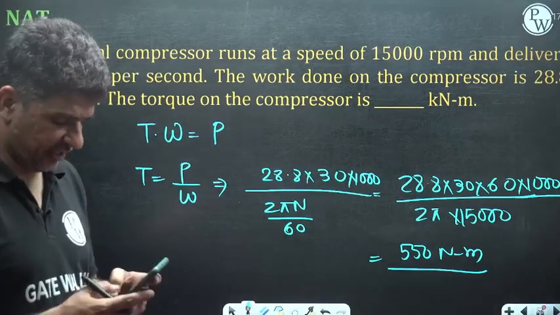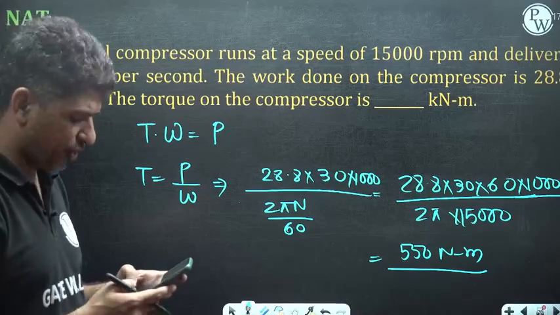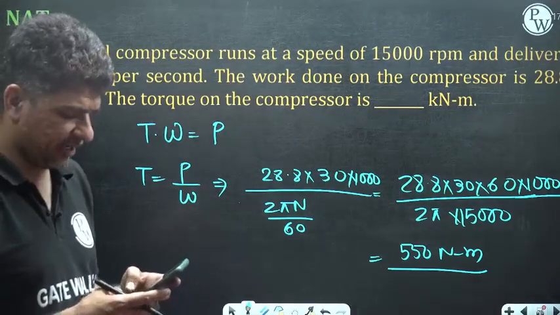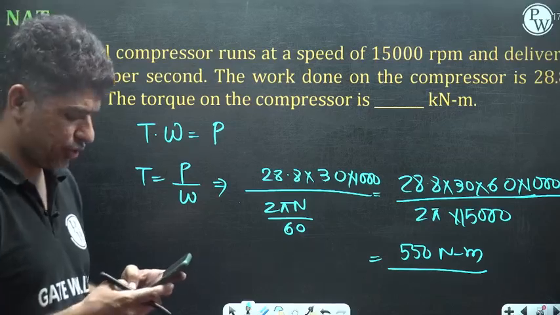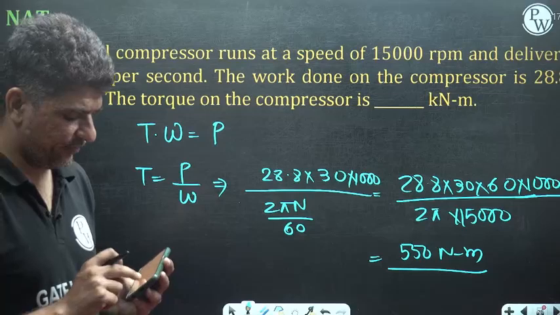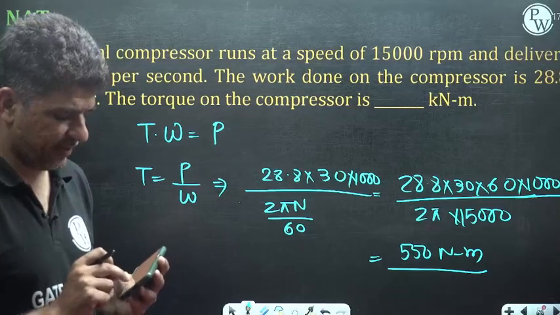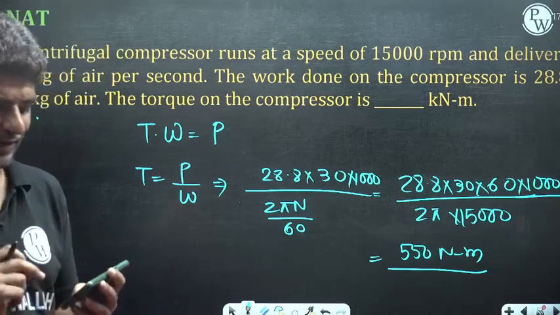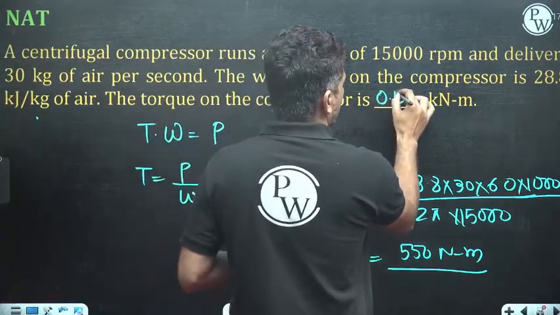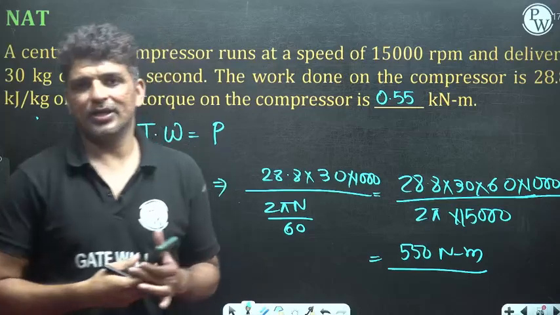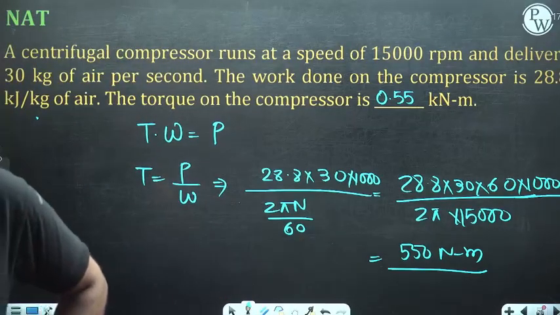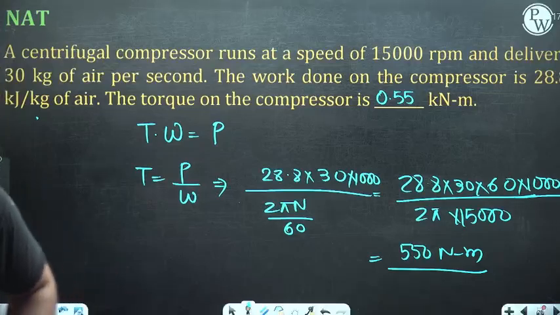It looks like I am making some mistake. 28.8 multiplied by 30 kg multiplied by 1000 divided by 2 divided by pi divided by 15,000 multiplied by 60. So 550. Okay, so 550 Newton meter. 550 Newton meter is 0.55 kilonewton meter. Is it clear? So the answer will be 0.55 kilonewton meter.